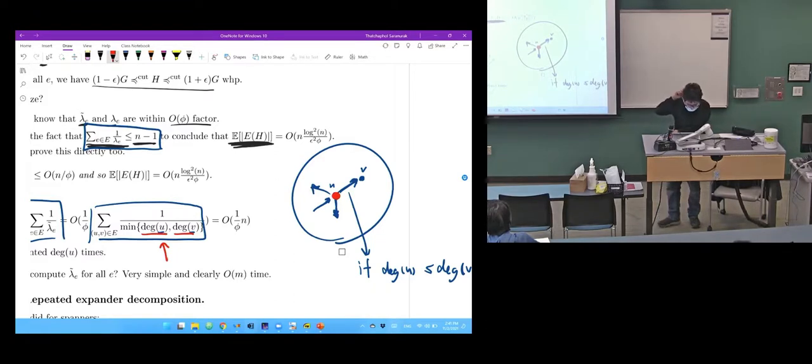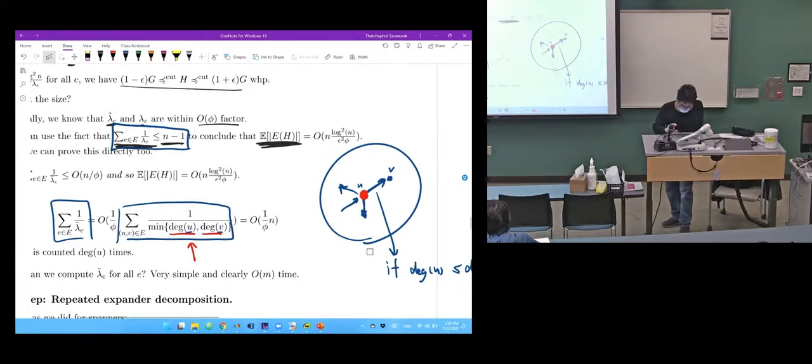So every edge is charged to the endpoint with smaller degree. Yeah, every node is charged basically 1. It's charged by the out degree in this graph. The number of times that it is charged is the out degree, but when you sum over all, you get 1 for each node.